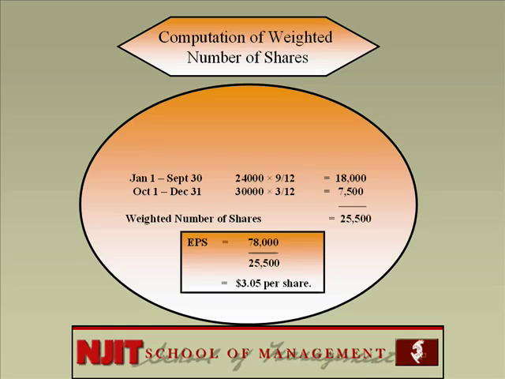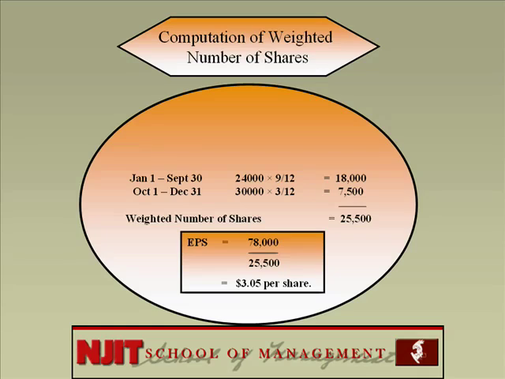30,000 shares issued. So 9 months out of 12, 24,000 shares were out there. 3 months out of 12, 30,000 shares were out there. So you times the number by the date. So to weight it, you multiply 24,000 by 9 over 12 and 30,000 by 3 over 12.